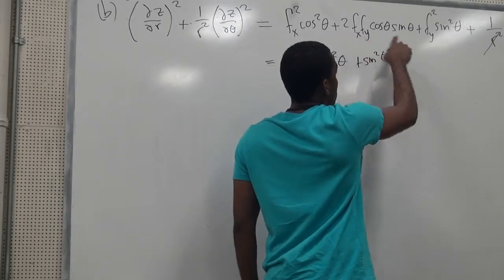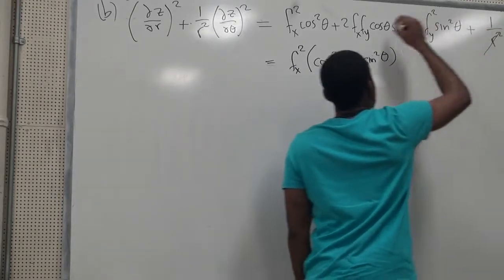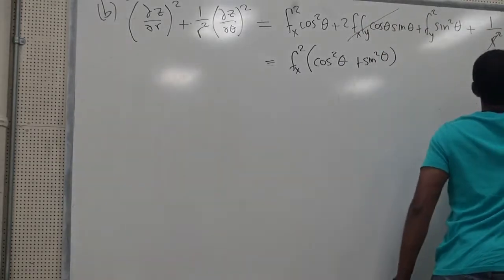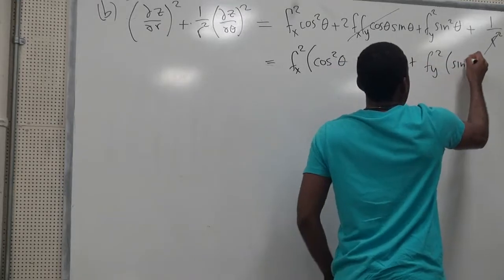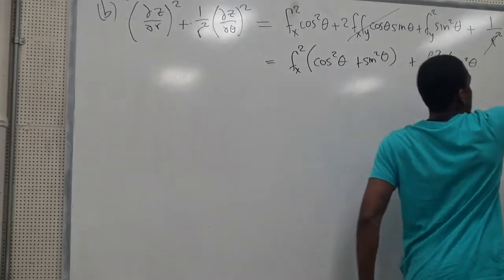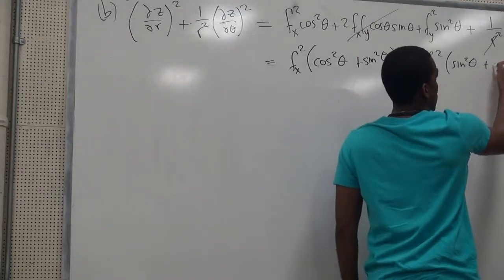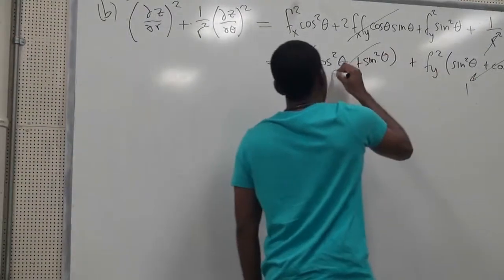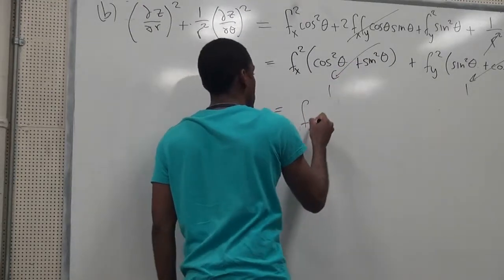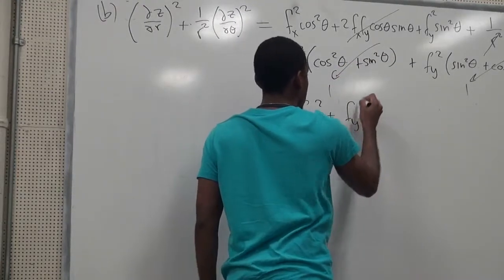And this is 2 blah blah blah, minus 2 blah blah blah, so those guys just die right away. Similarly, I have fy squared sine squared theta plus the cosine squared theta. Of course, both of these are 1, so we get fx squared plus fy squared.